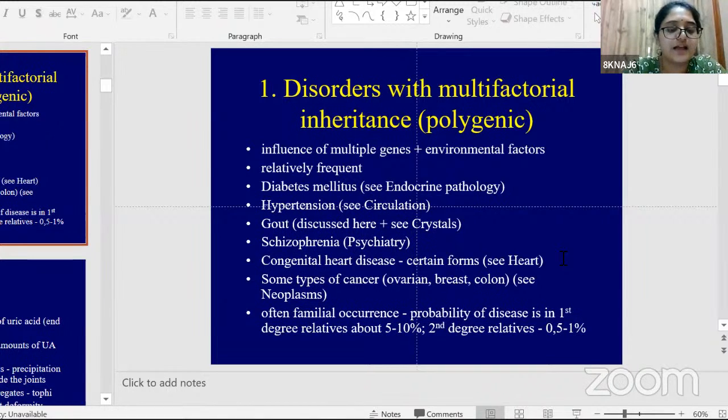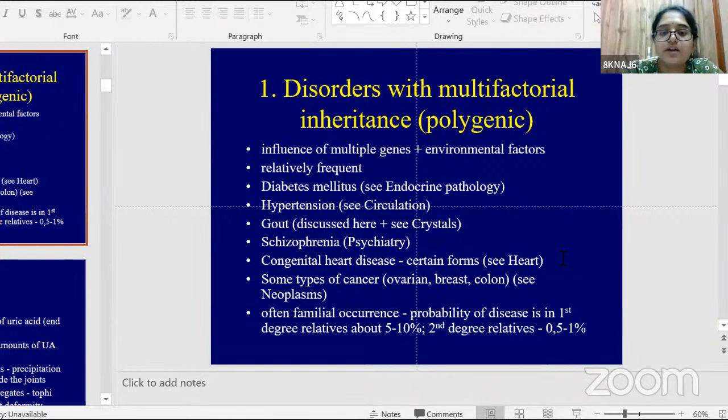Examples have again been given regarding multifactorial disorders. In your textbook at least, they have given cleft lip, neural tube defects, and pyloric stenosis. Apart from that, you have diabetes, hypertension, gout, and schizophrenia, all of which are also seen.